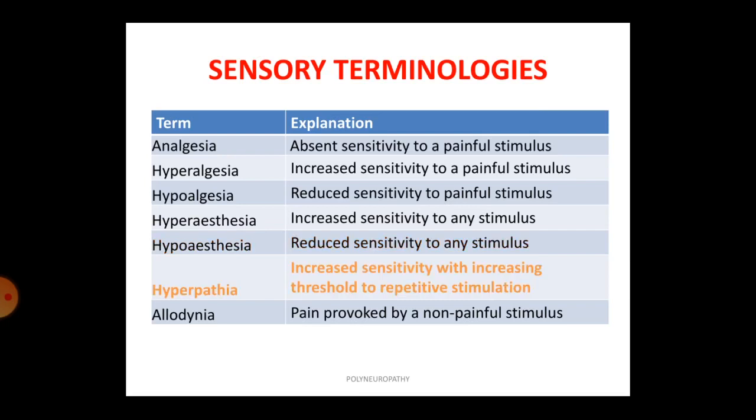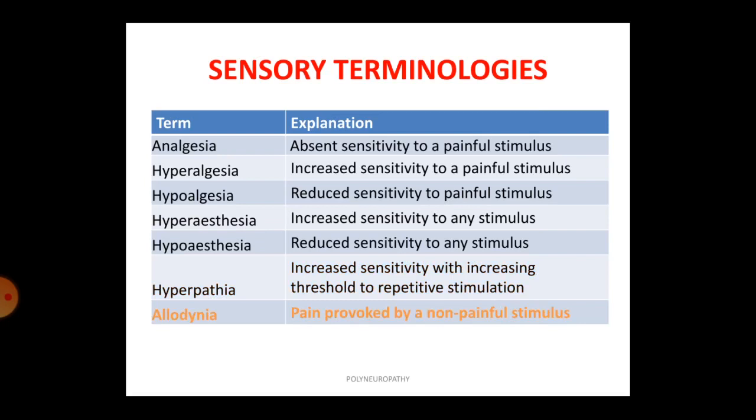Now hyperpathia. It is increased sensitivity with increased threshold to repetitive stimulation. Hyper means excessive. If one stimulus is given repeatedly, the threshold will increase for that, and ultimately there will be development of hyperpathia.